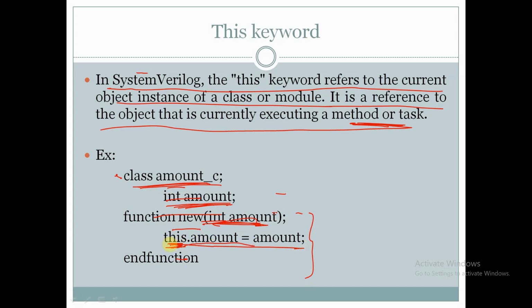So here this.amount refers to the class member, and amount refers to the function argument.